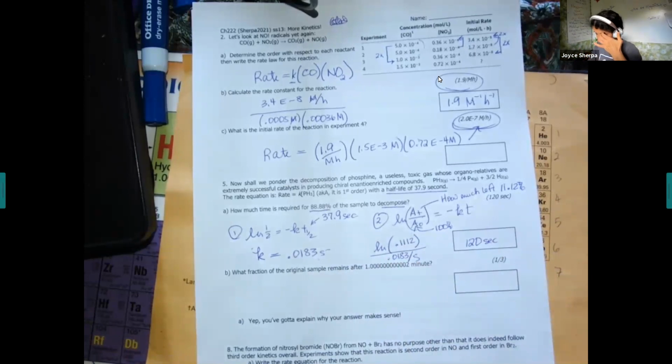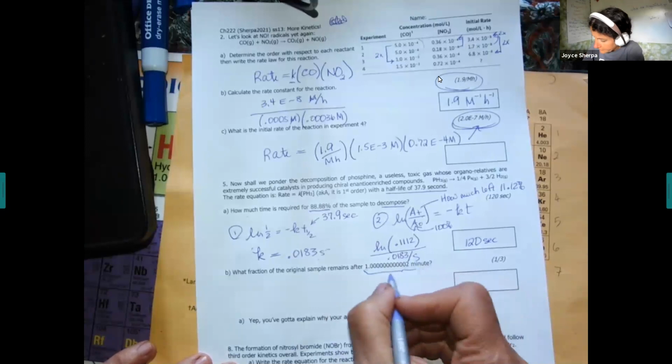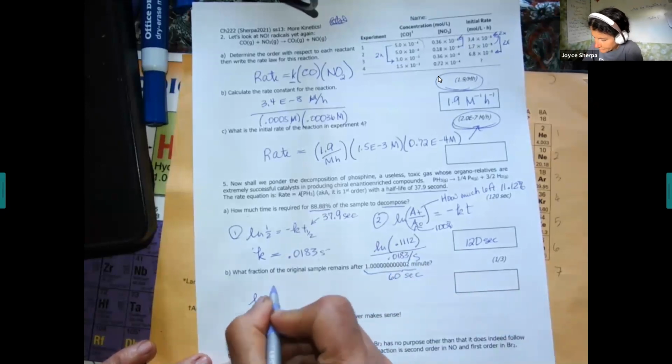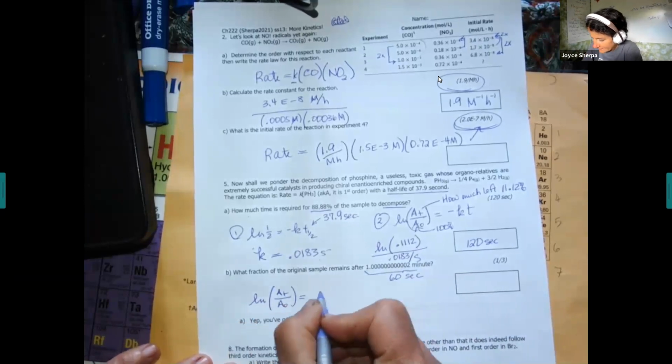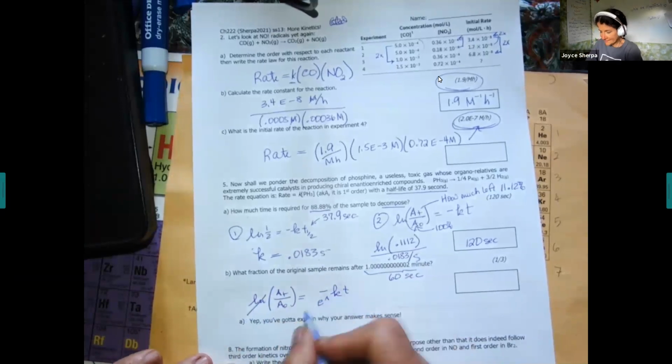And then you can also ponder, does it make sense? We can go through it for both of these. For this one, you can count your zeros, or you can say that's pretty much 60 seconds. And so natural log, we're solving for the fraction of AT over A0 equals negative KT. We're going to get rid of the natural log, so we're going to have e to that power.